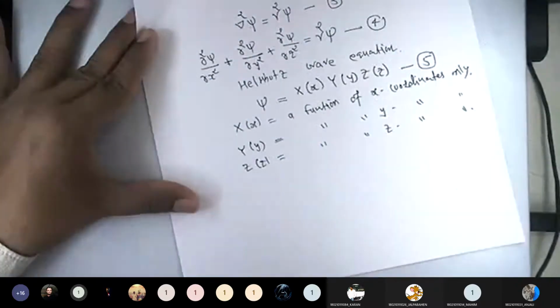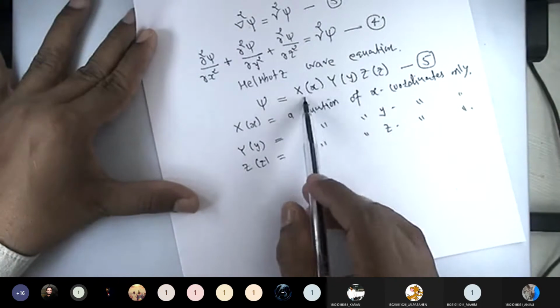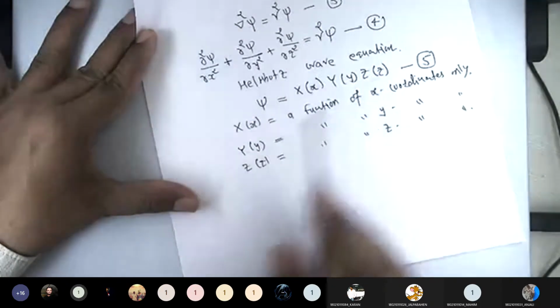So for obtaining this psi, we now have to individually find out X of x, Y of y, and Z of z.